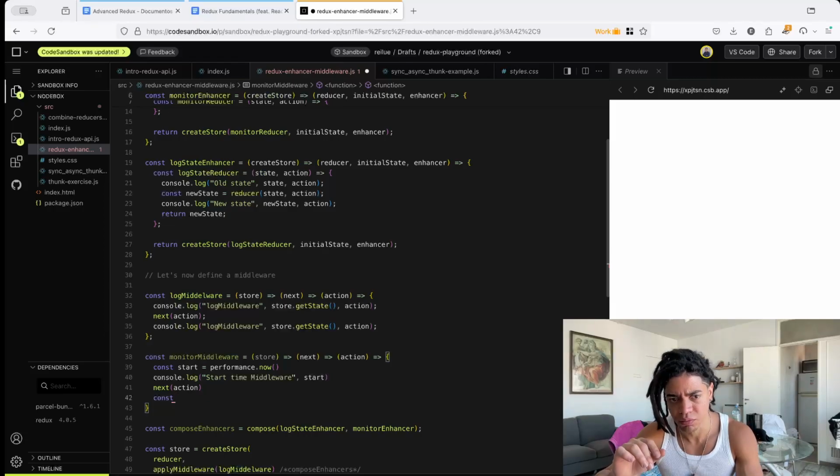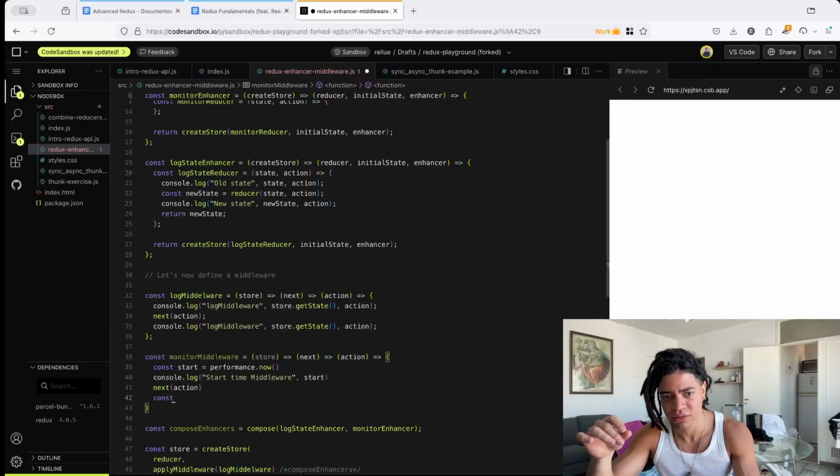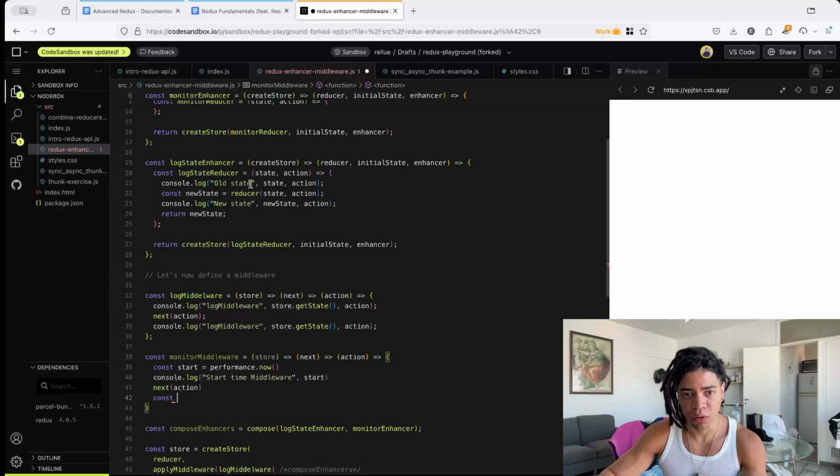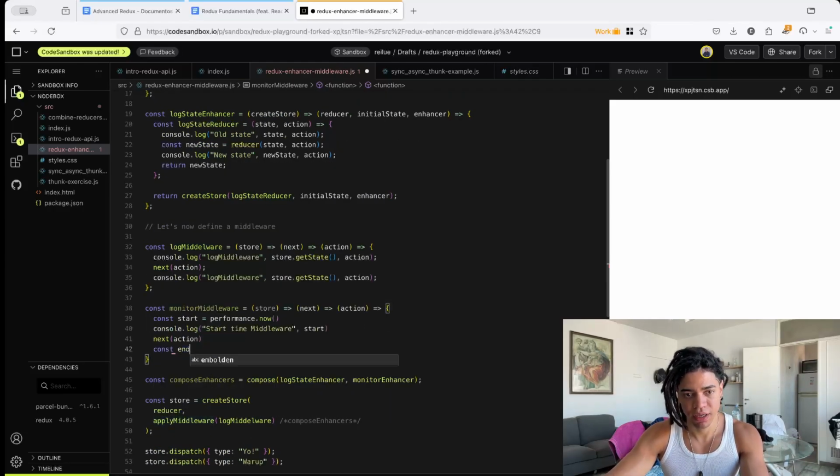This is quite interesting because here we now have access not only to the current state, but the old state and then the new state as well, similar to this. You get the old state and then the state as it is. So we can say end, right?